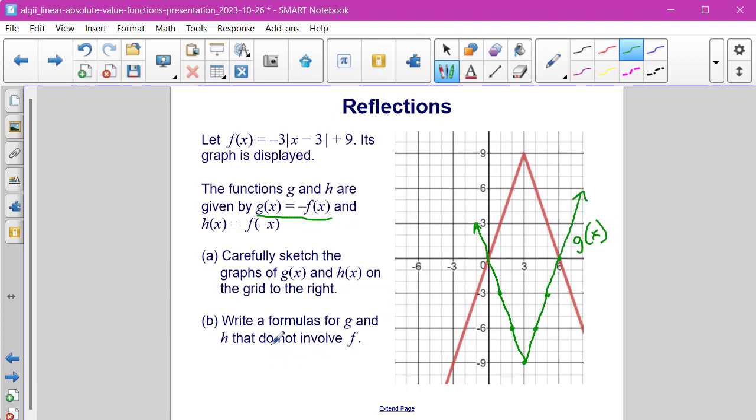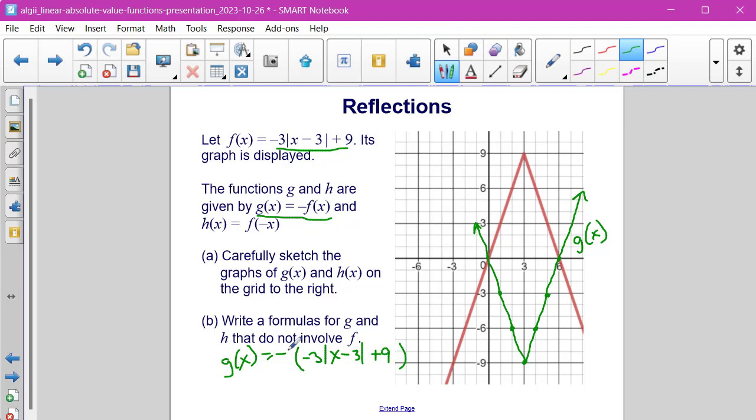Okay, so now let's also write the formula for g. So g of x is equal to negative f of x. So we're going to take all of this and stick it inside a set of parentheses. So we have a -3 absolute value x minus 3 plus 9.